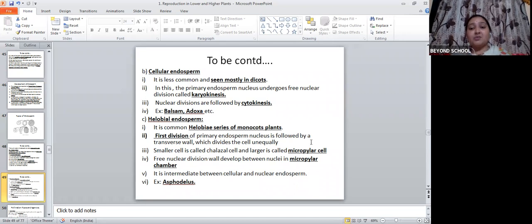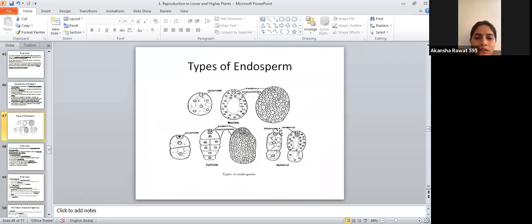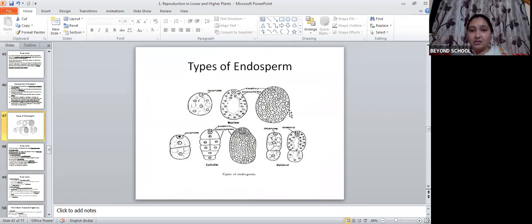What is going to happen? There will be a division activity, and it will be done first for a wall. Now, what is a wall? Akansha, you can see this is a mature nuclear endosperm. This is mature; the outer wall is present here.